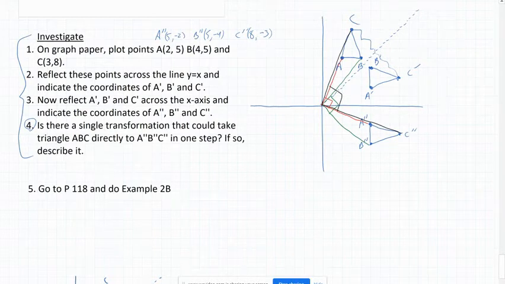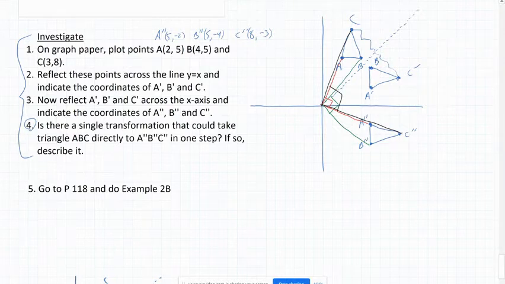And so reflecting across two lines is always equivalent to a rotation. It's not always a 90-degree rotation. In this case it is, but if you do 2 reflections in a row across 2 different lines, that's always the same as a rotation about the point where the reflection lines intersect.